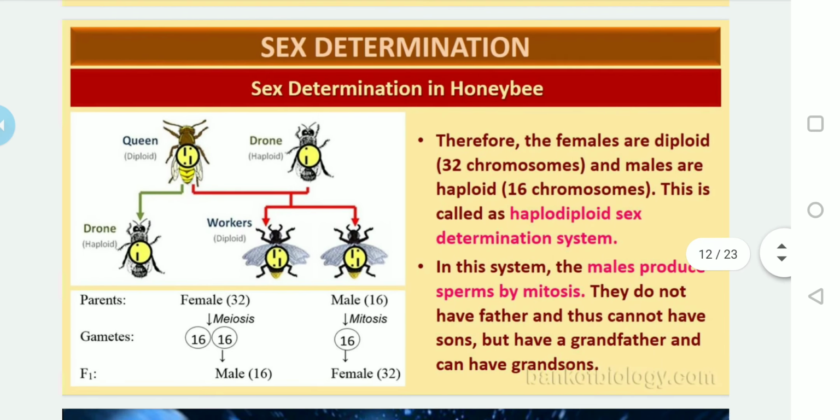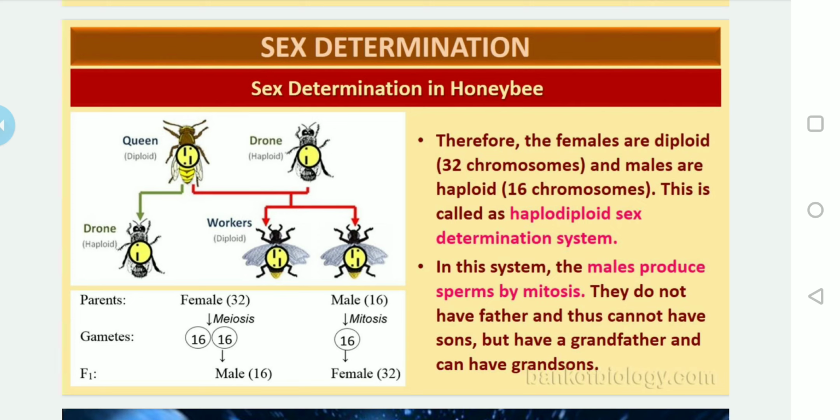And as I said here, there are two possibilities. In this method of sex determination, we can see both haploid and diploid, isn't it? So this method of sex determination is also called haplodiploid sex determination. Okay, why?